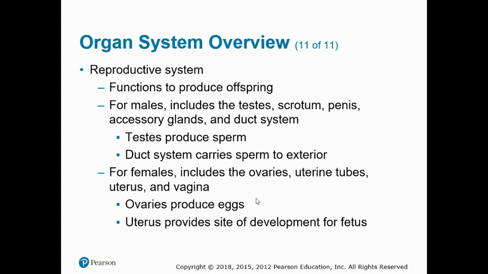Testes produce sperm, and the duct system carries sperm from the scrotum, or the ball sac, to the exterior structures. For females, this includes ovaries, your uterine tubes, your uterus, and your vagina. Ovaries produce eggs, and the uterus provides a site for development of a fetus that will eventually become a baby.